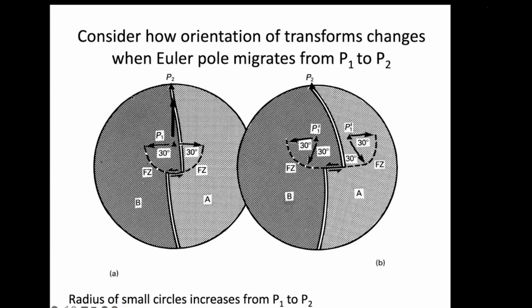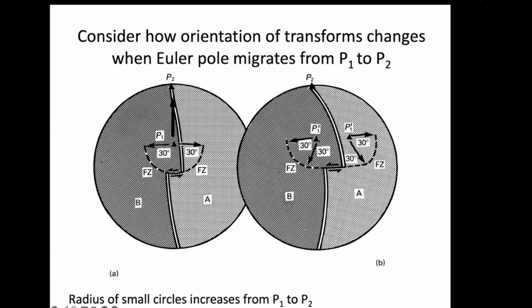Now we switched over to two plates, B and A, and remember here's the pole between B and A, and this part of the transform is defining a small circle around the pole of rotation. And then let's say we move the pole from here up to here, then that transform is still there, but it's going to change the radius of that small circle.